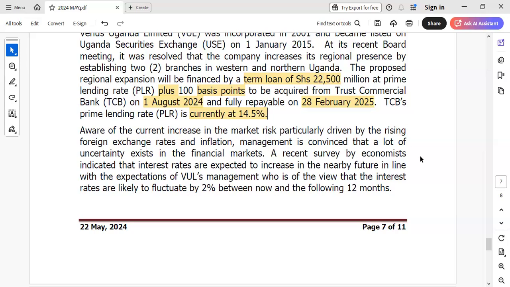A recent survey by economists indicated that the interest rates are expected to increase in the nearby future, in line with at 12 months. Okay.